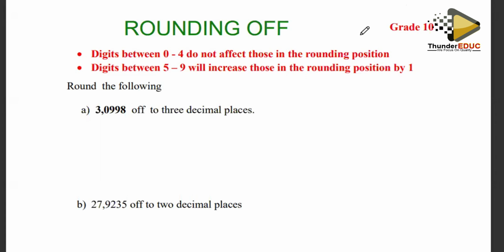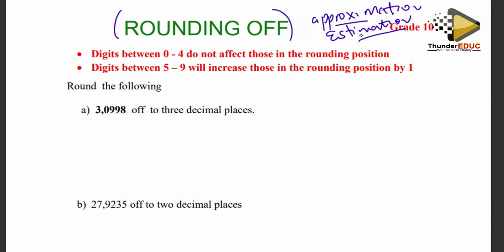We're going to be talking about rounding off, okay? So when you talk about rounding off in mathematics, it's just a form of approximation. Another word for approximation is more like estimation. We're just giving a round figure, not exactly the same.